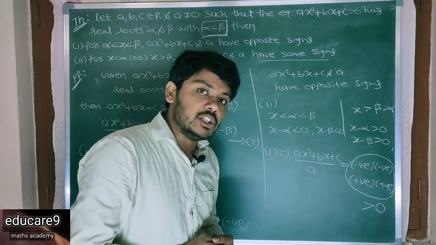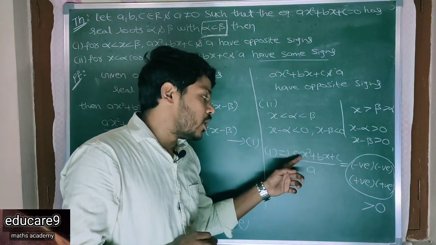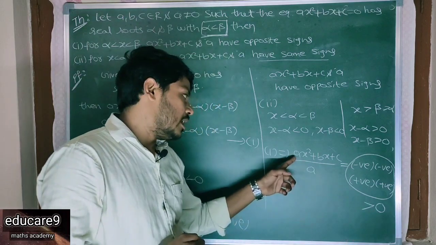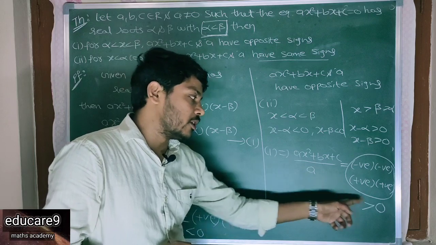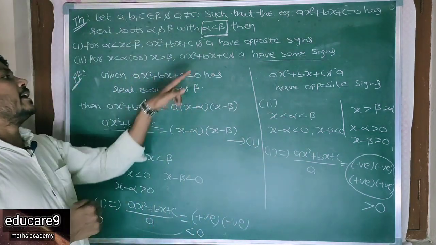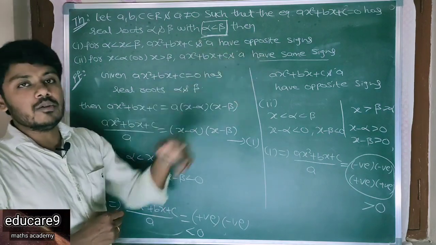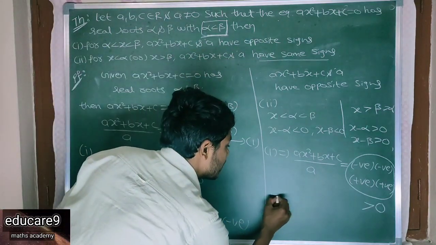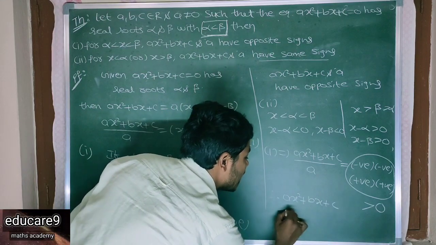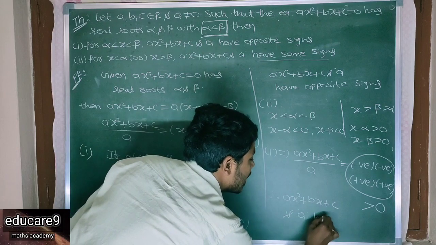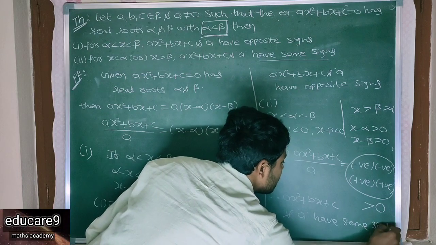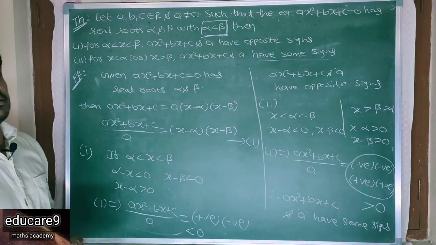Whenever it is greater than 0, if the expression is positive, a is positive, or the expression is negative, a is negative, the outcome is positive. So in this situation, we can say that both the expression and a have the same signs. So therefore ax square plus bx plus c and a have the same signs. So this is the second theorem.